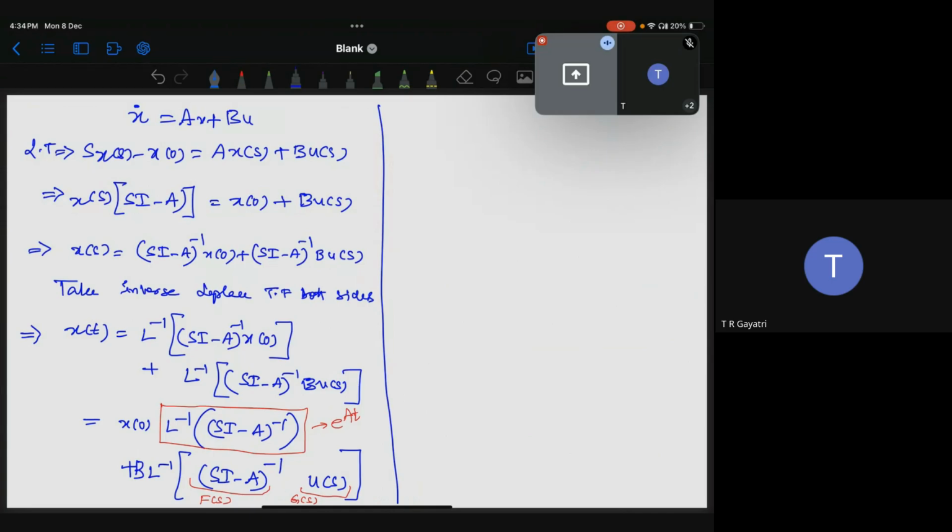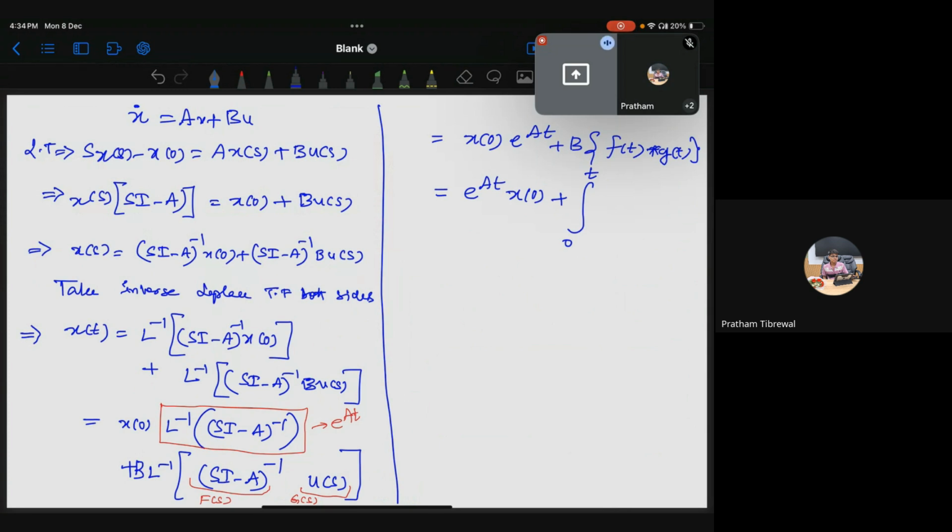Convolution. So this will be e power At x of 0 plus the convolution of f of t star g of t. So e power At x of 0 plus the convolution integral from 0 to t of e power A tau.